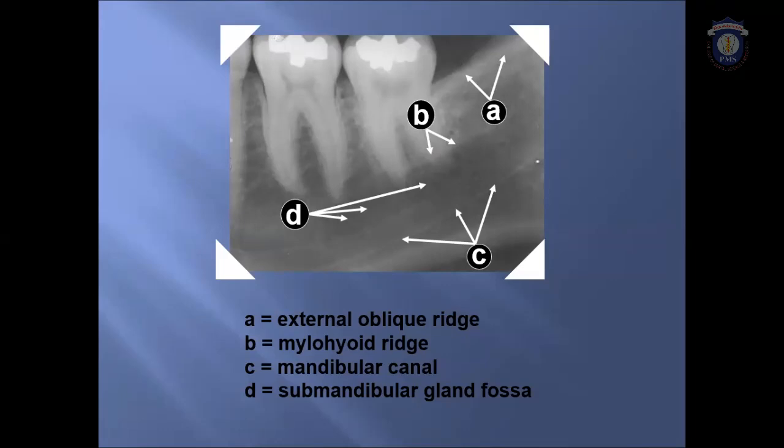The area D, which is surrounding the periapical region of the molars, is referred to as the submandibular gland fossa, and the area A, which is passing through the cervical aspect of the mandibular molars, is the external oblique ridge, whereas inferiorly you have another radiopacity which is passing nearly through the periapical region of the mandibular molars, that is the internal oblique ridge, or otherwise referred to as the mylohyoid ridge.